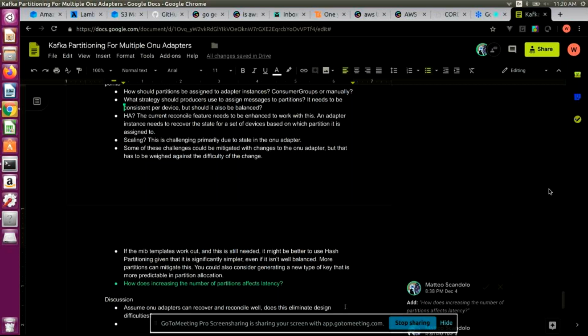Then if we need, we add a new partition and a new ONU adapter associated with that partition, and that will be filled up, and then we keep on adding. I understand it's not the most beautiful design, but it sounds simpler than balancing and changing groups.